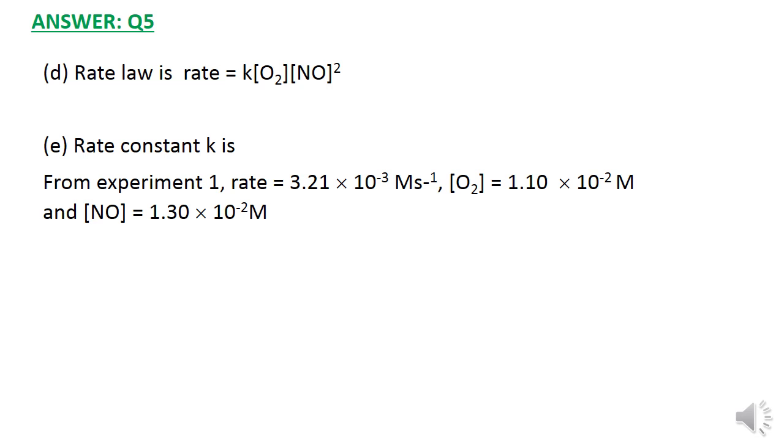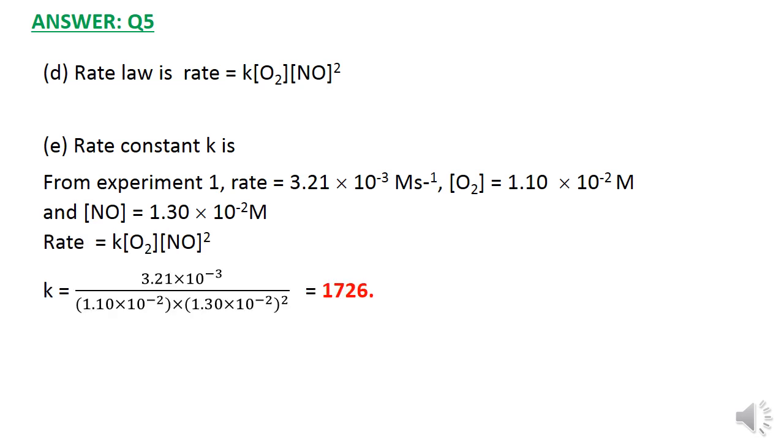So you substitute the rate and its concentrations of experiment 1 into the rate law. Then we can calculate the value of k, the rate constant. So the rate constant will be 1726.